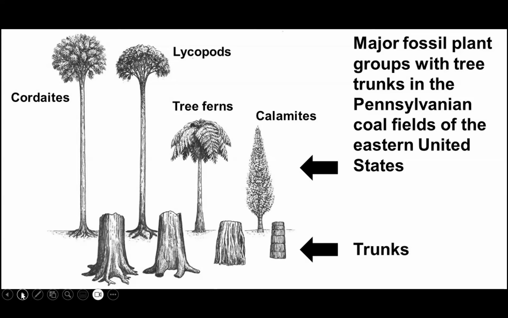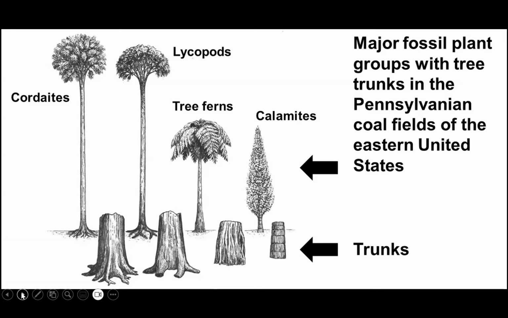And then we have the tree ferns, and then the smaller but mightier calamites, which are related to our modern day horsetail rushes, our horsetails that branched off from them.